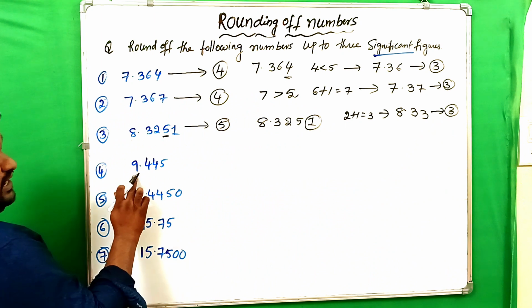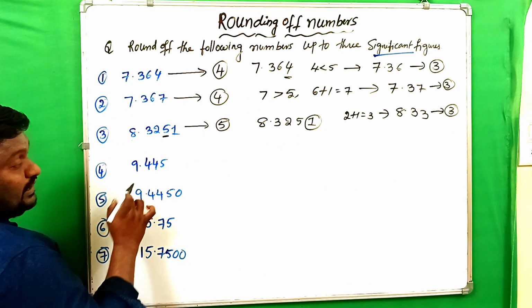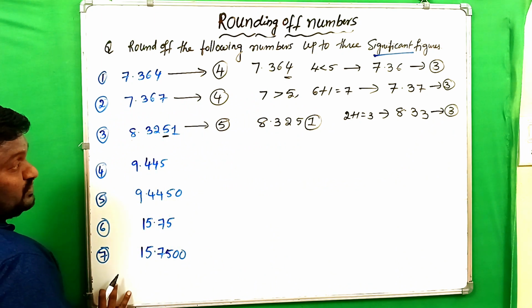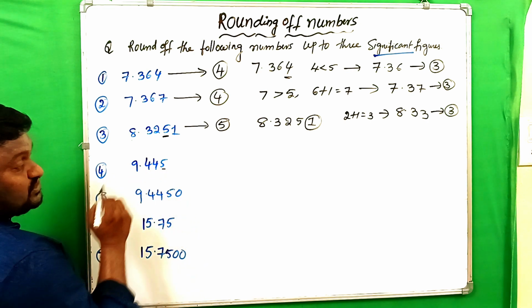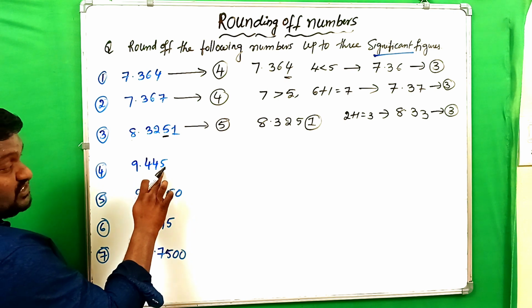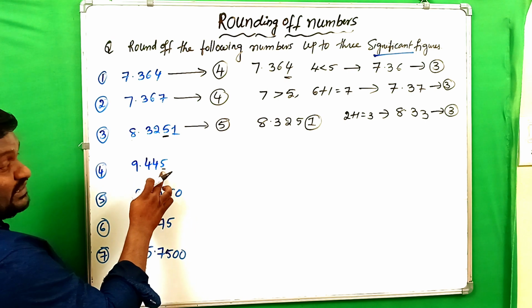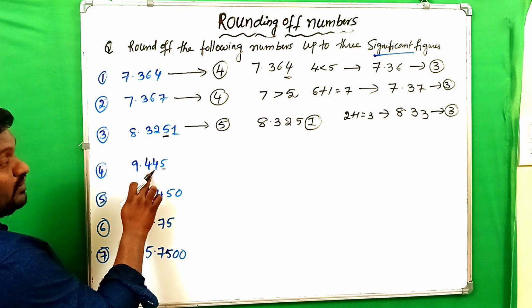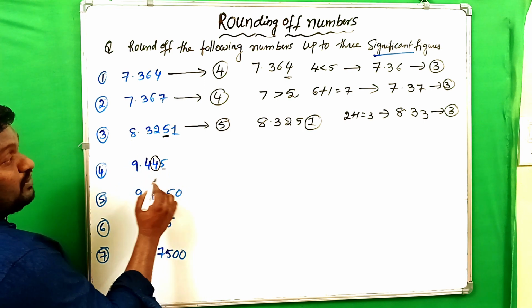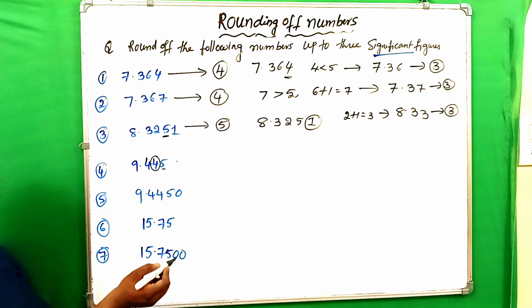Next, 9.445. Here the last digit is 5, and it is going to be dropped. We have to check whether the preceding number is even or odd. The 4 here is an even number. That's why there is no modification to it.